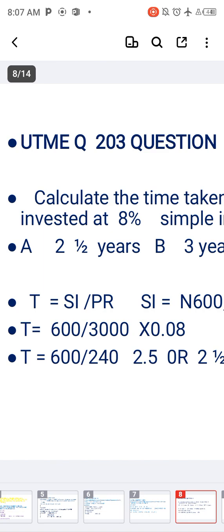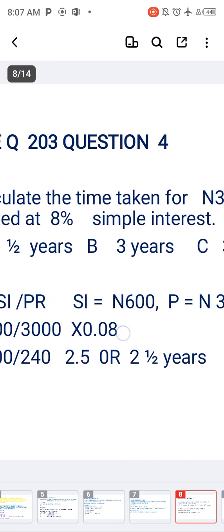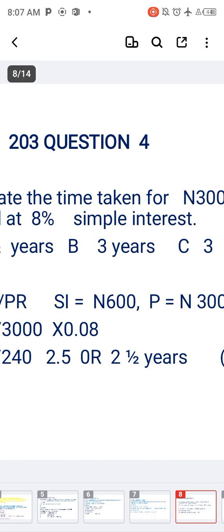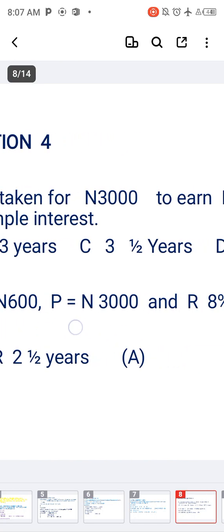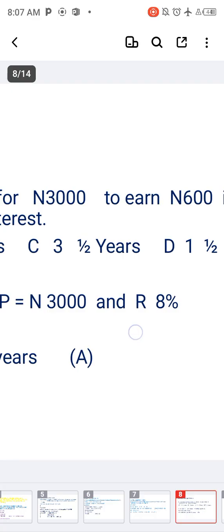In that question, the simple interest is given as 600, the principal is 3,000 and the rate is 8%, which converted to a decimal is 0.08.